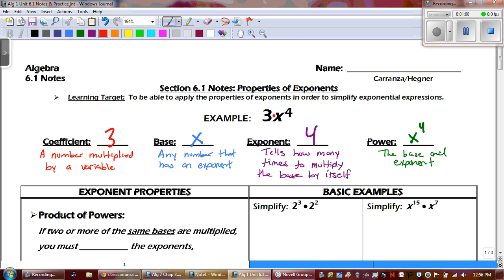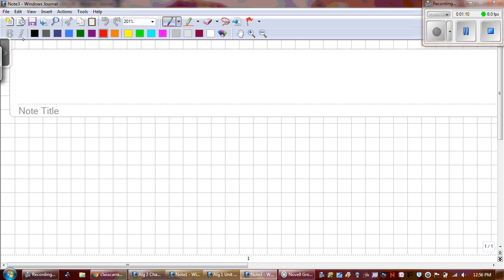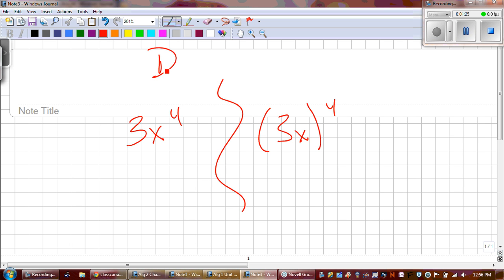Okay? And I'm going to bring up another note real quick, so don't be freaked out. These two things, 3x to the fourth and (3x) to the fourth, are completely different. There is a difference between these two. Now, what is the difference? Well, the base. The base is directly next to the exponent.